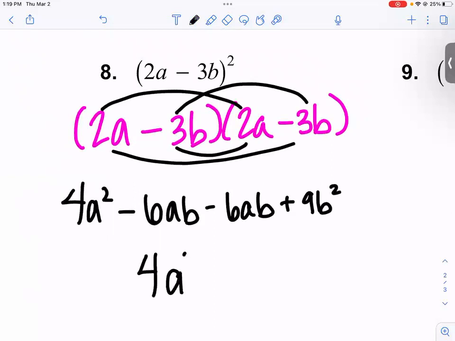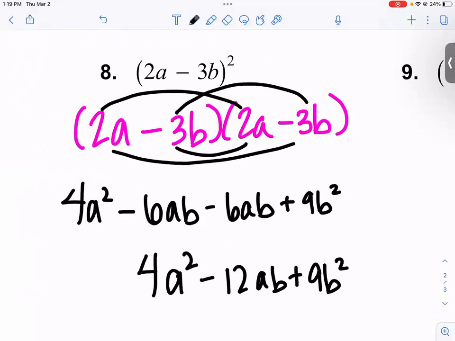So I guess here's the biggest thing I want you to realize from this. Well, 2 things. First and foremost, if you have a binomial squared, that's like a 2-term polynomial raised to the 2nd power, you have to rewrite it so that you can FOIL.